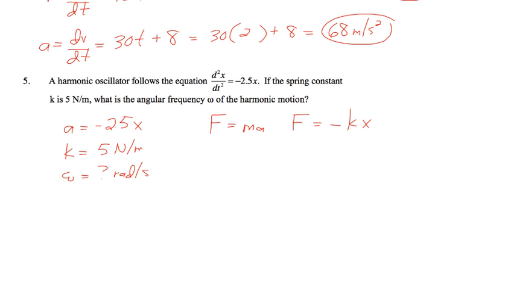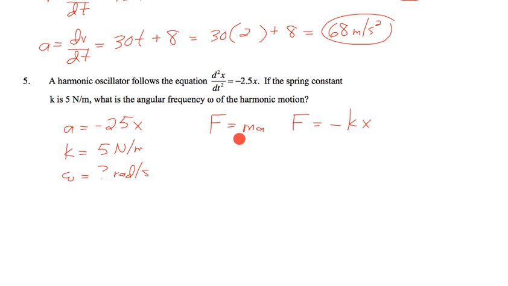I'll leave the minus in here because they're putting down the a as a minus, so they're probably factoring that into the solution. You could also think of it as a force problem: this would be the net force acting on my object, and the net force always equals ma. When we sum up the forces, they equal ma.